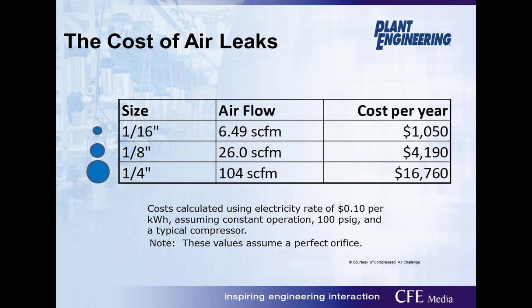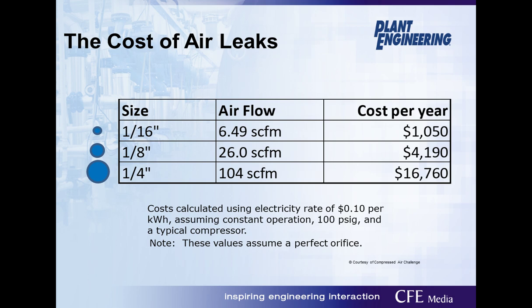Some of these we call inappropriate uses are quarter-inch tubes that may be blowing dust off of parts or drying parts. But that's the cost you have there. So whether it's an air leak that happens unplanned or one that you've designed into the system, it is very costly.